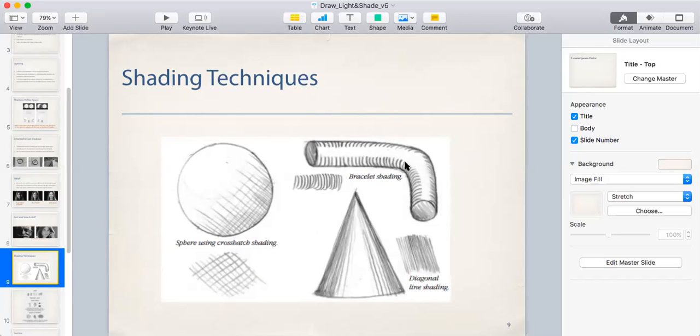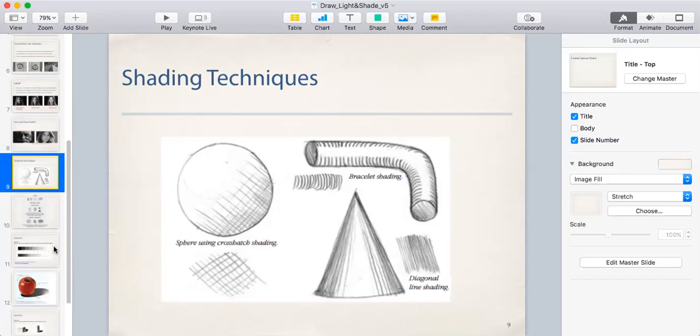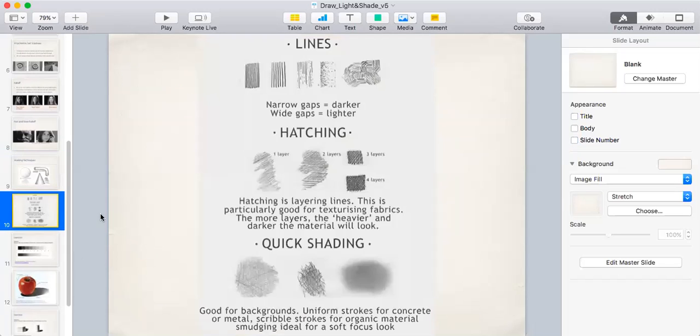And if the object is rounded, we can use bracelet shading, just like the curves, to help shape the form. These are the samples of using lines and hatching to do the shading.